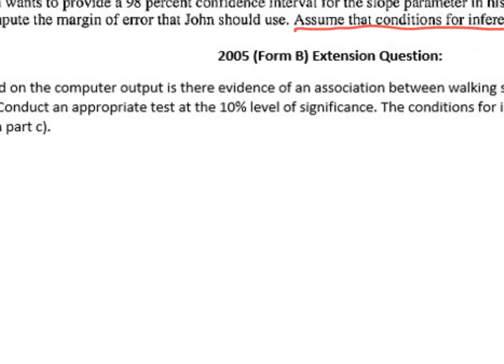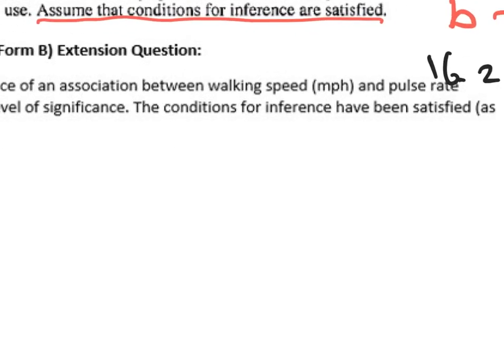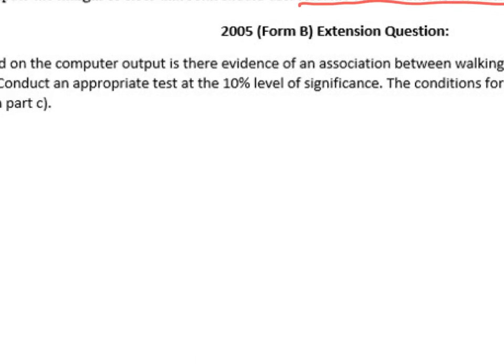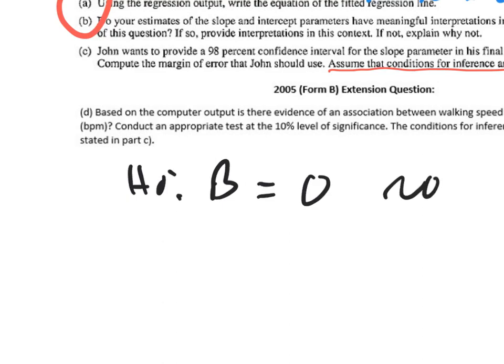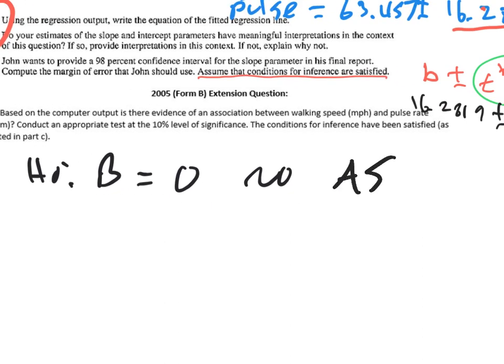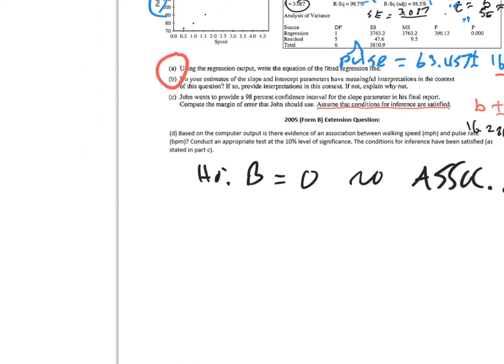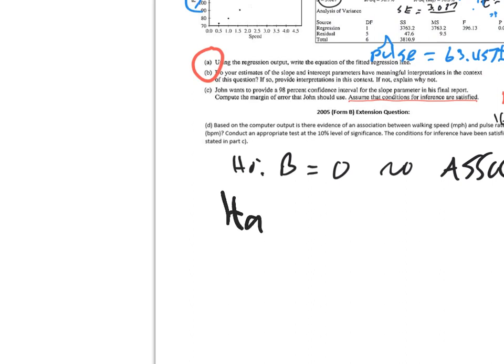Based on the computer output, is there evidence of an association between walking speed and pulse rate? Tested at a 10% level of significance. Okay, guys. He says do a test. H naught: B is 0, no association. HA: B does not equal 0.